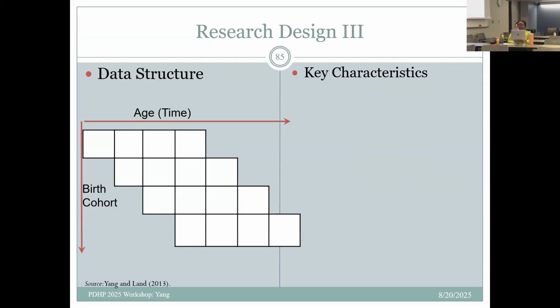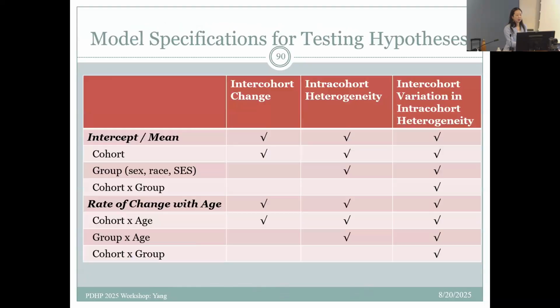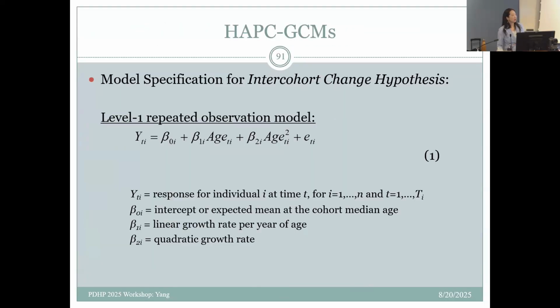Right, so the data structure is such that you follow actual cohorts forward over time in each wave. At each wave, the individuals have a recorded age, right? So within individual, age and time are the same variable. Now, in the growth curve specification, the repeated observation within individuals, you need to put in an indicator of time. In this case, I put in age.